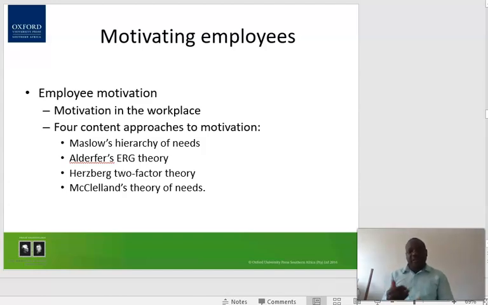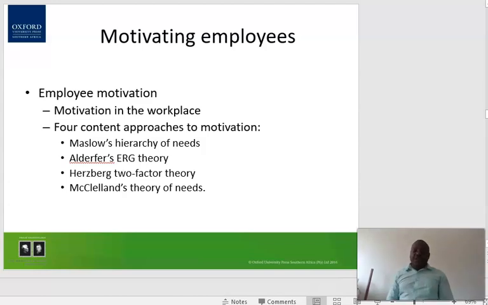According to Abraham Maslow, a person will have to satisfy physiological needs, those very basic needs, in order to seek or to develop the next level of need, which would then be security or safety needs.